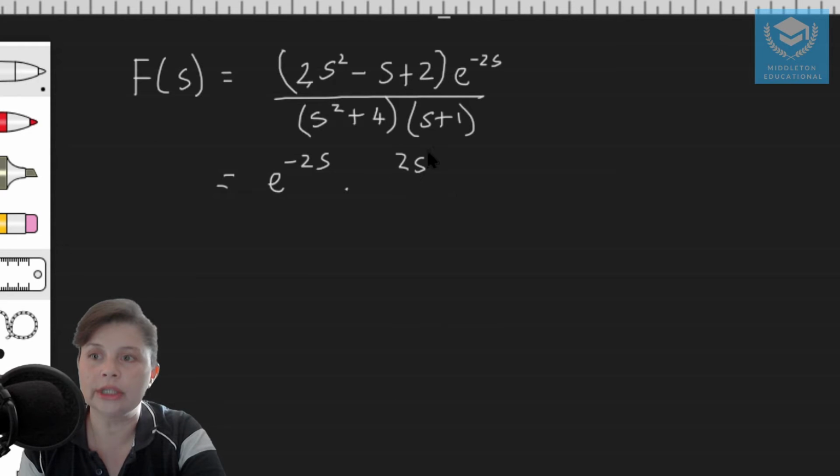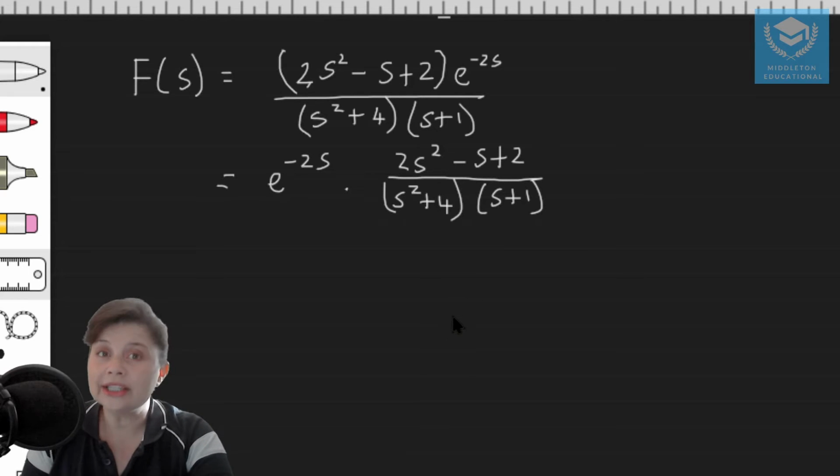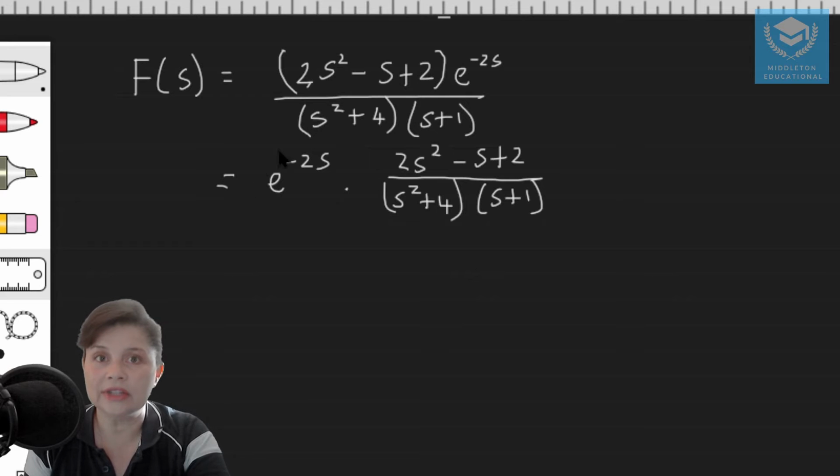So we've got 2s squared minus s plus 2 over s squared plus 4 times the second bracket. If you look at the second shifting theorem, this is the first part of that theorem, and this fraction is what we need to find the inverse of first. So let's ignore the exponent and just see if we can find the inverse of the fraction.